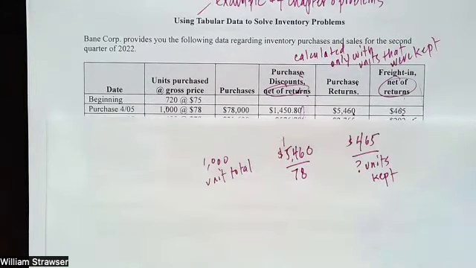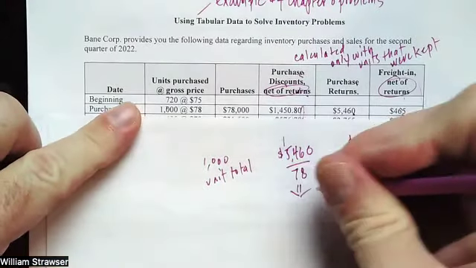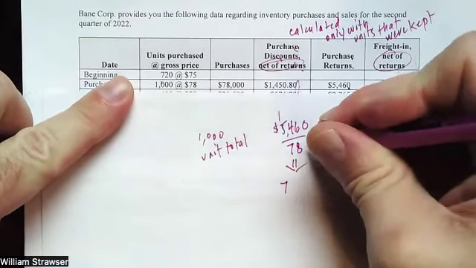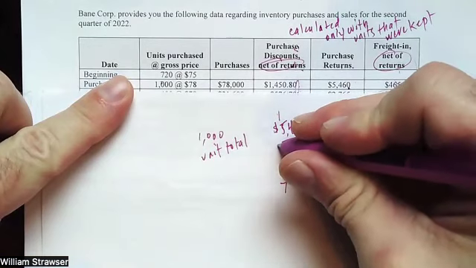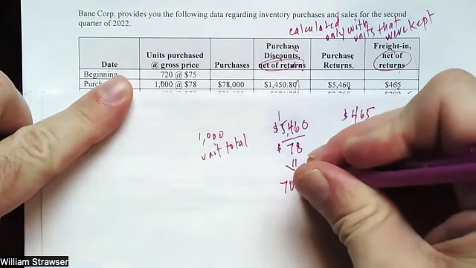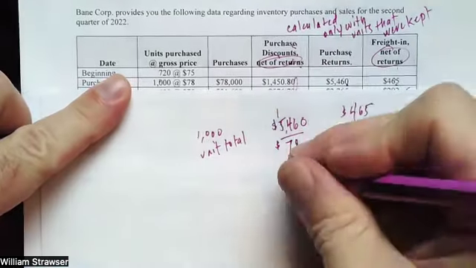Ooh, almost a little off. It comes to 70 units returned.